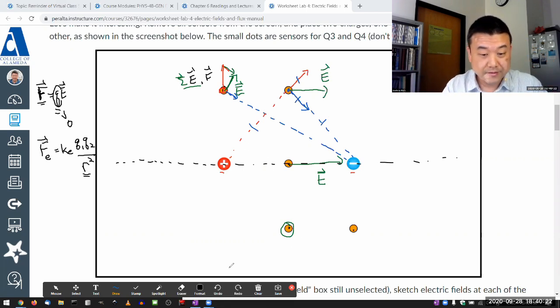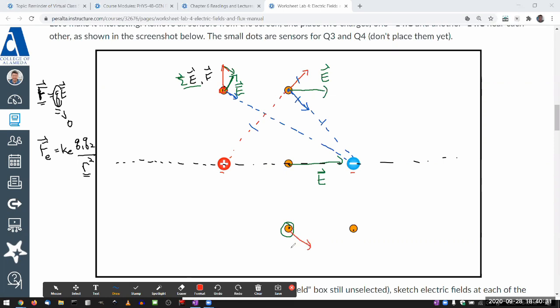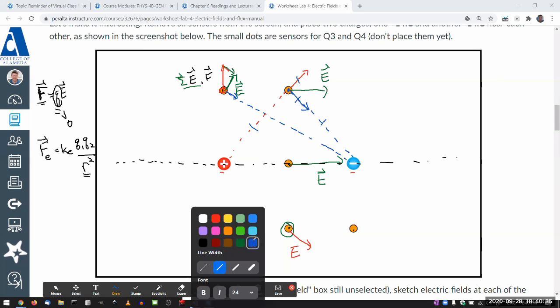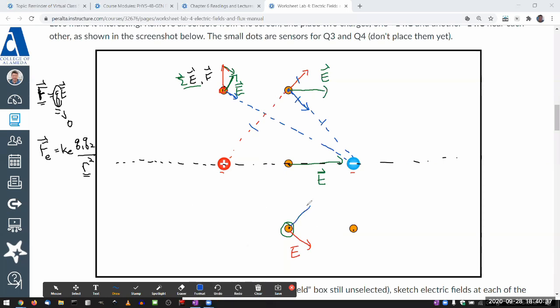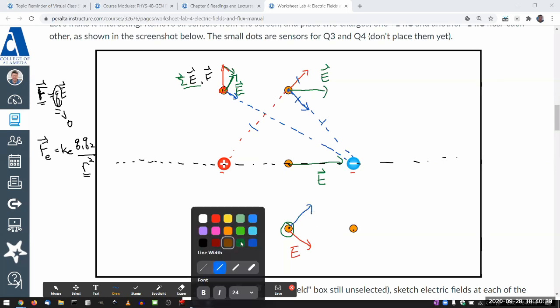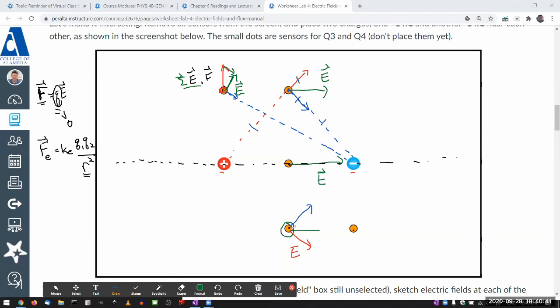So when that happens, the mirroring should be mirroring the electric fields as well. So I should have electric field from the positive charge pointing that way, electric field from the negative charge pointing that way, and the sum, the net electric field, should be pointing this way. And I hope if you go through it in detail, you'll find that to be the case as well.